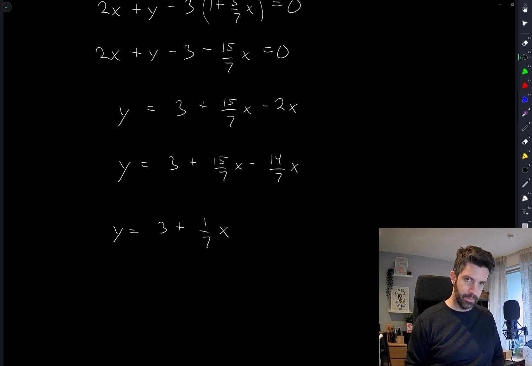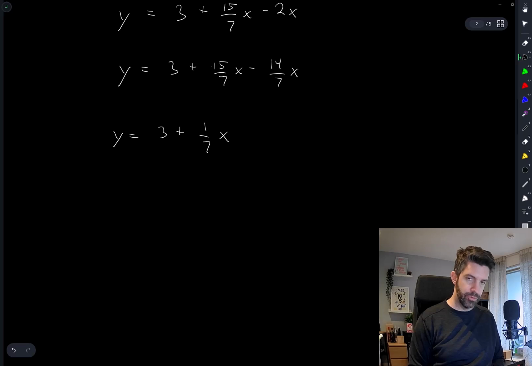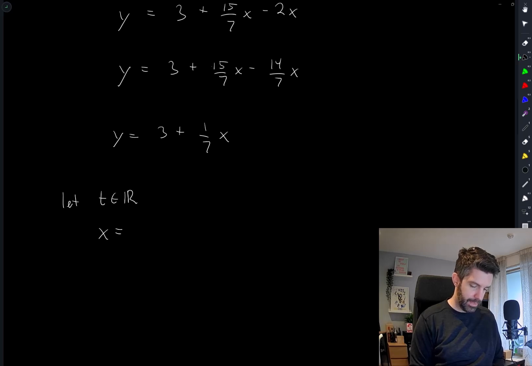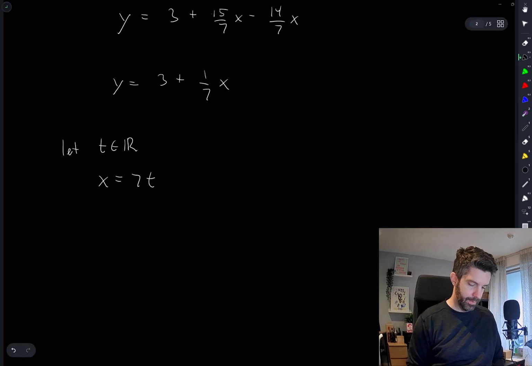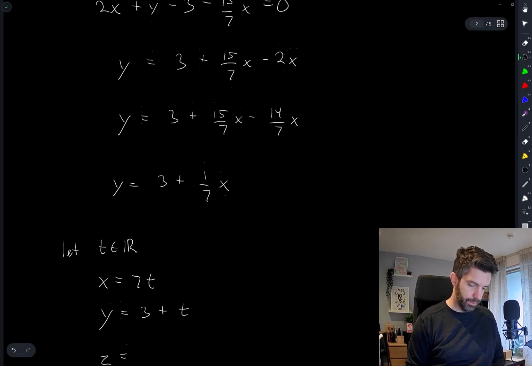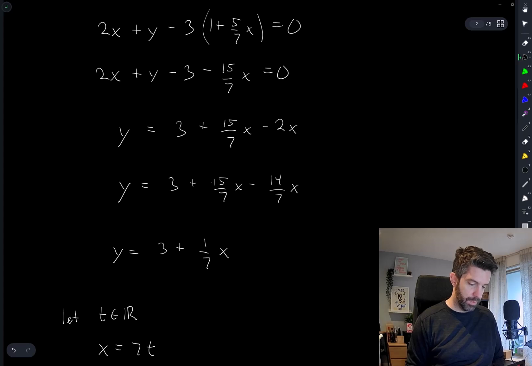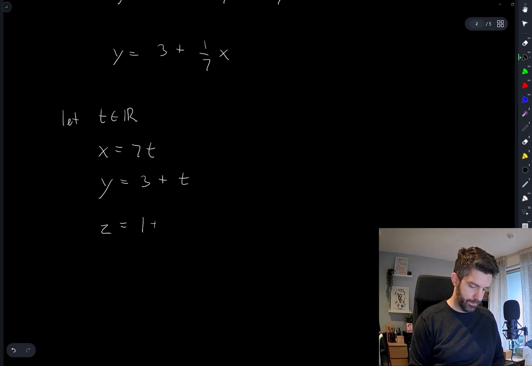And so what they've done is they've introduced a free variable t, and let x be equal to 7t, then y is equal to 3 plus t, and z is equal to 1 plus 5t.